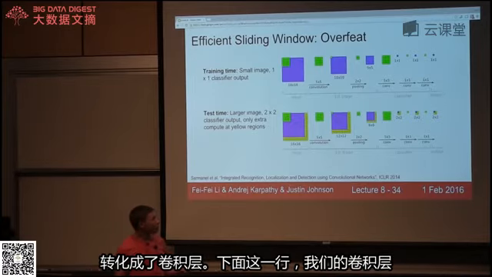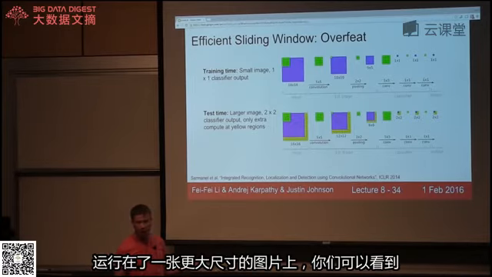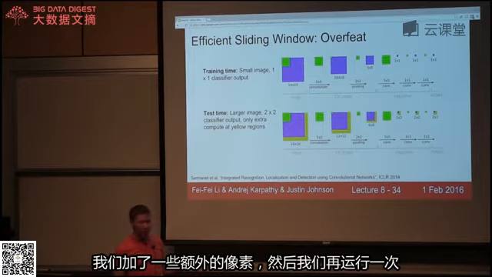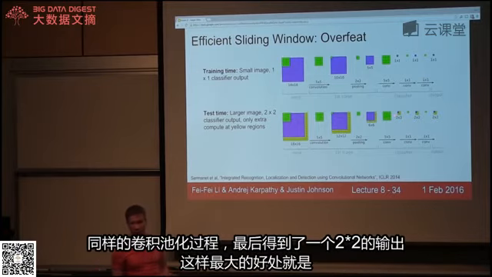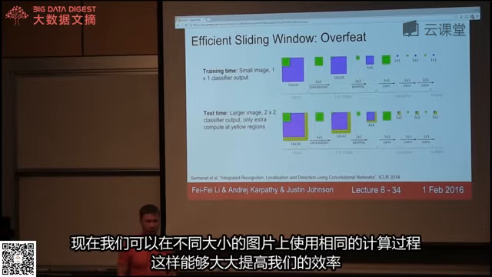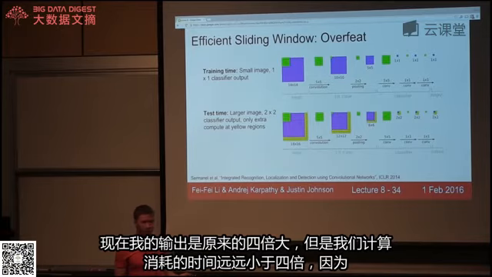And now that they're convolutions, we could actually run on an input of a larger size. You can see that now we've added a couple extra pixels to the input, and now we actually run all these things as convolutions and get a 2-by-2 output. But what's really cool here is that we're able to share computation to make this really efficient. So now our output is 4 times as big, but we've done much less than 4 times the compute.